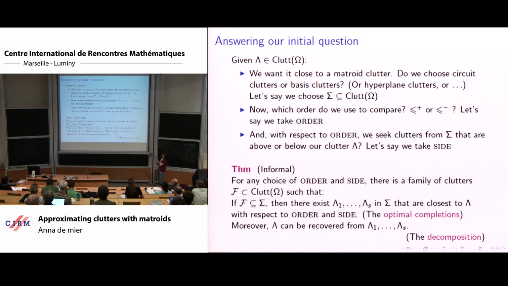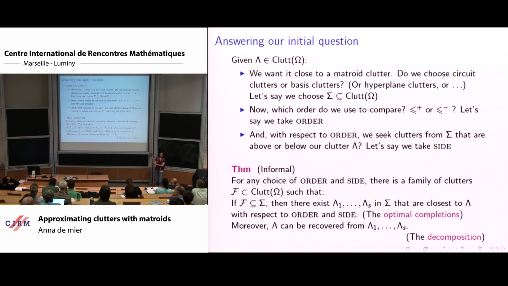The theorems we have, stated informally, say that if you choose any of the orders and either of the sides, there's going to be a fixed family of clutters, called F, and sometimes I refer to it as the special family, such that if my target family sigma contains F, then there are some clutters in sigma that are the closest to lambda with respect to that order and side.